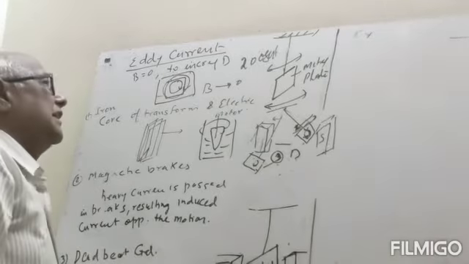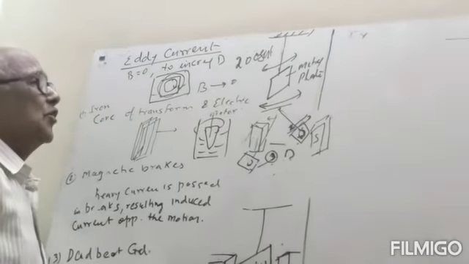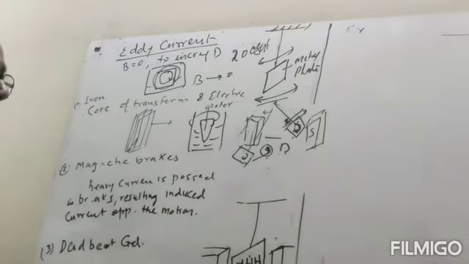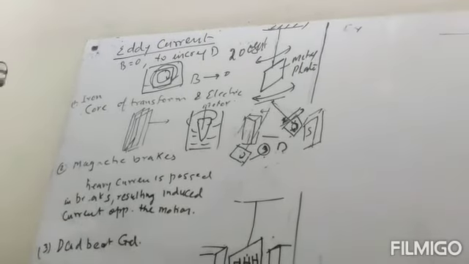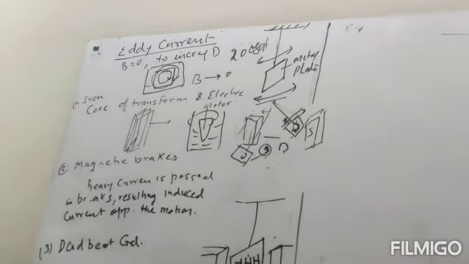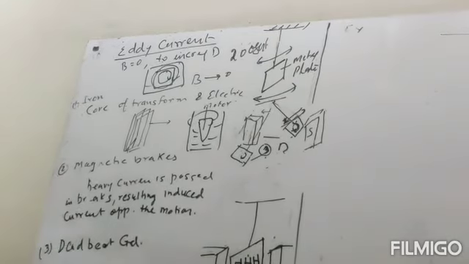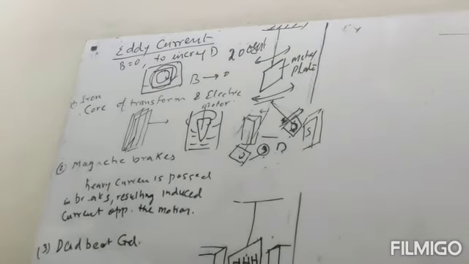Such a current is known as eddy current. So we can say eddy current is a phenomenon produced in metals when the magnetic flux is changing.